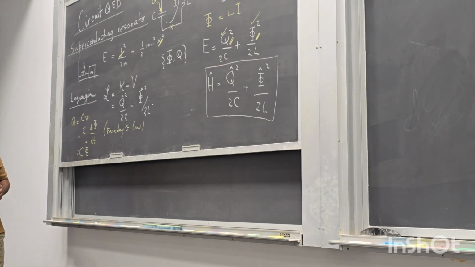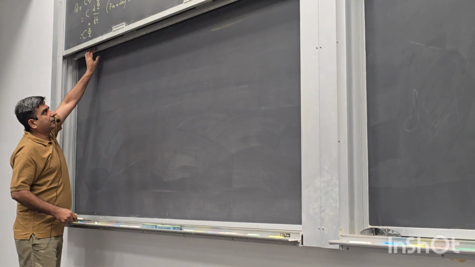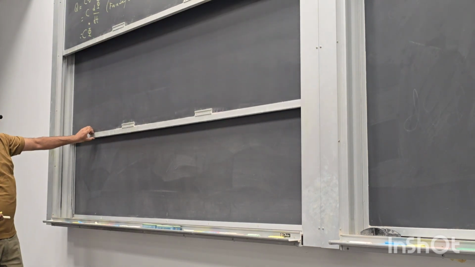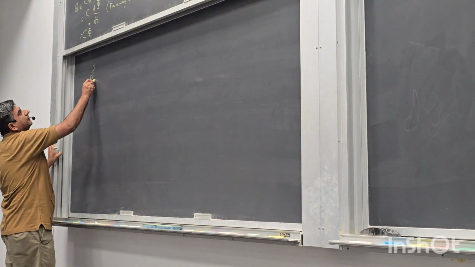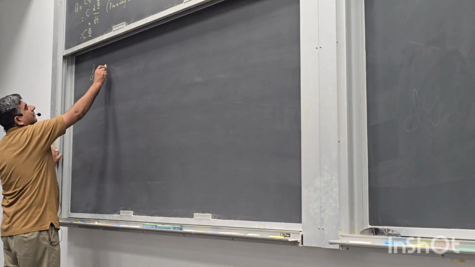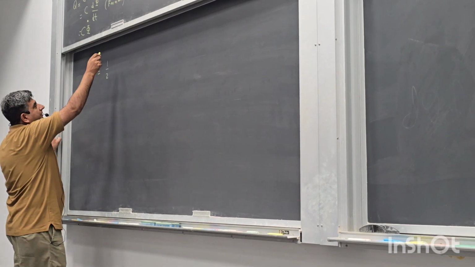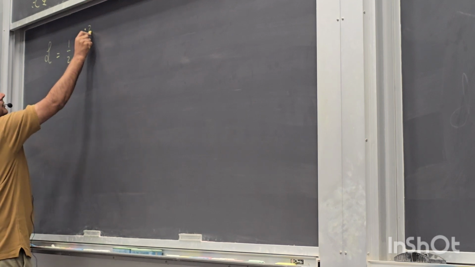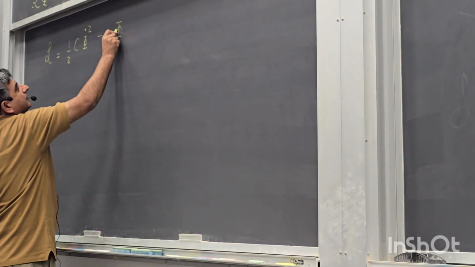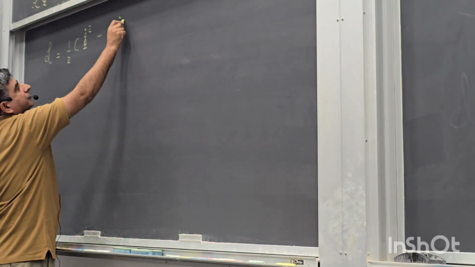So I can also write this Lagrangian in the alternative form. That alternative form goes as follows. The Lagrangian is half c squared, and there's a c in the denominator, c phi dot square minus phi square over 2L.